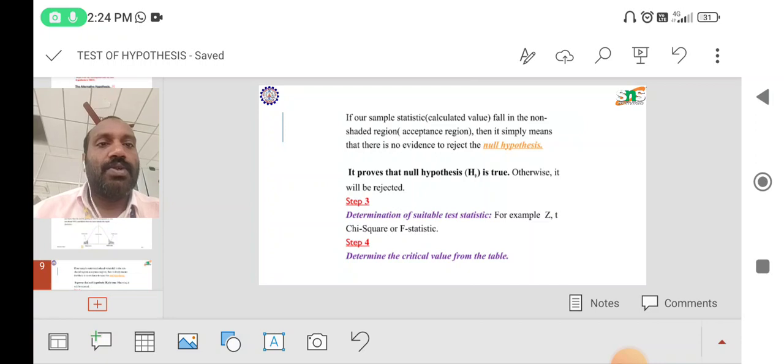So it shows that the null hypothesis H0 is true, otherwise it will be rejected.